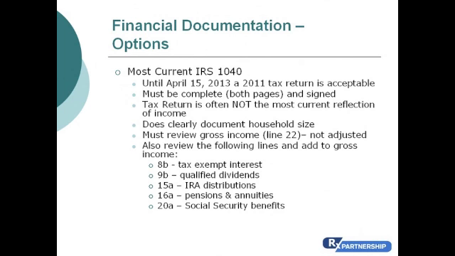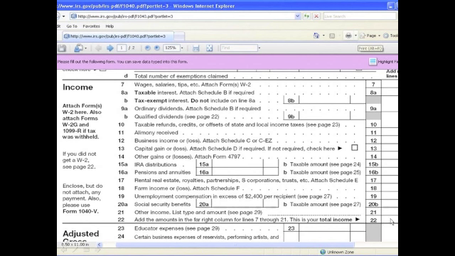But what you'll find is there's this box over here, 20A. And this is where I oftentimes see things get missed, because you're going to have somebody with Social Security benefits, and there's going to be a certain amount in here. Now, that doesn't show up in this column here. So if you were to exclusively look at this line 22, you could actually be approving somebody for eligibility who is over income, because you need to take into account these two numbers.